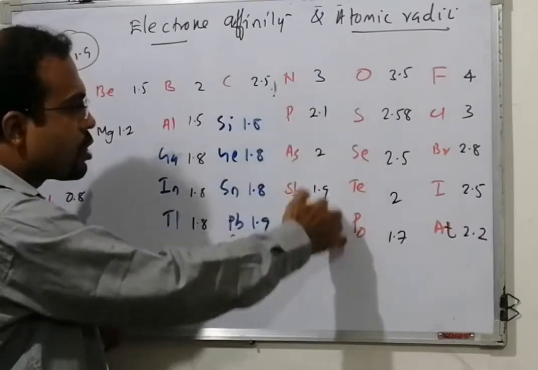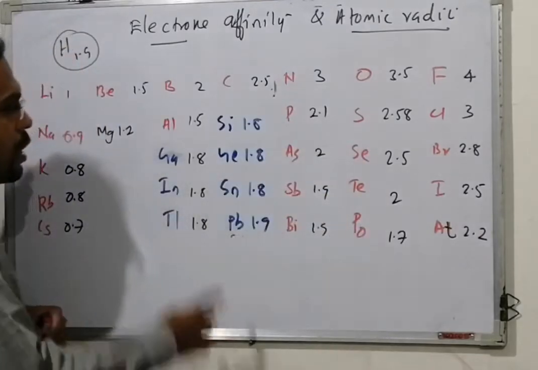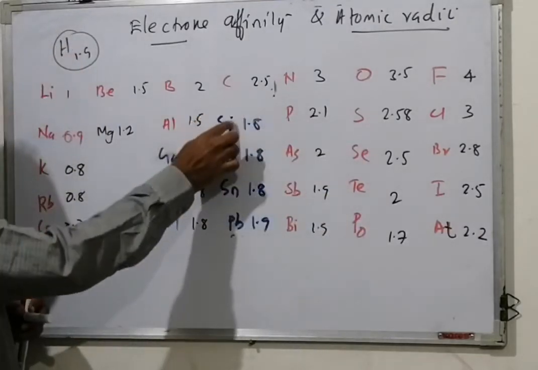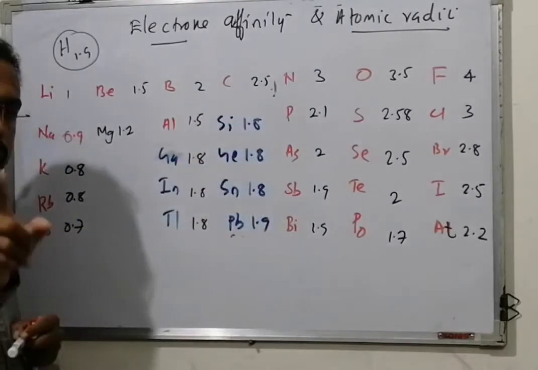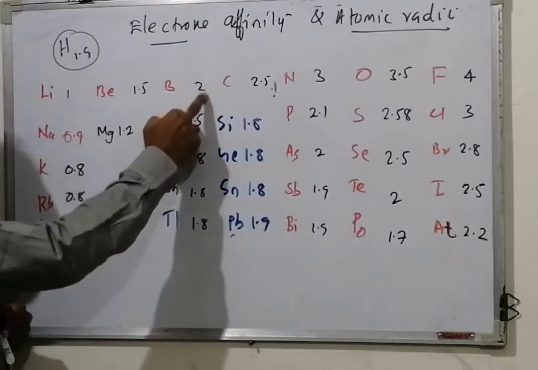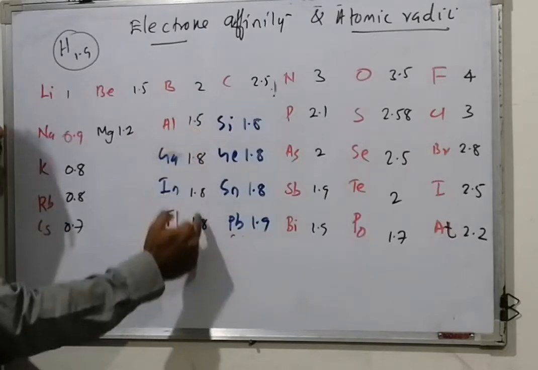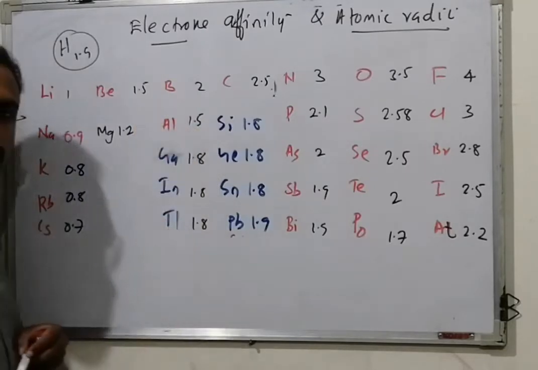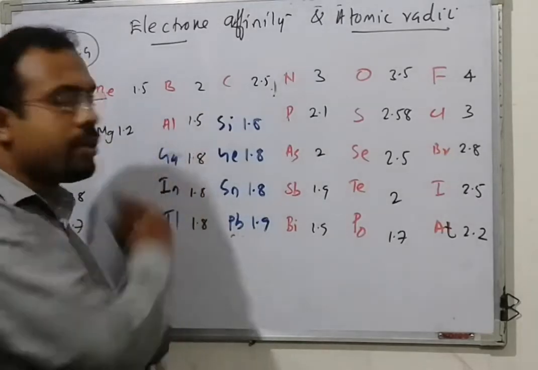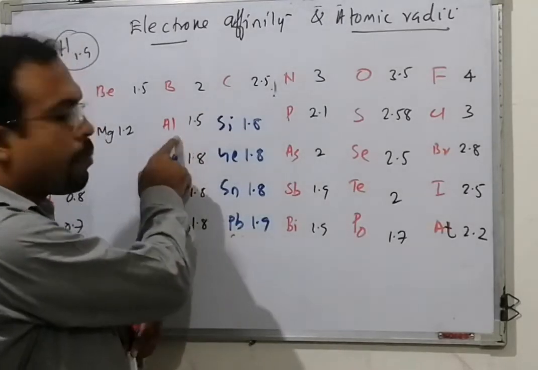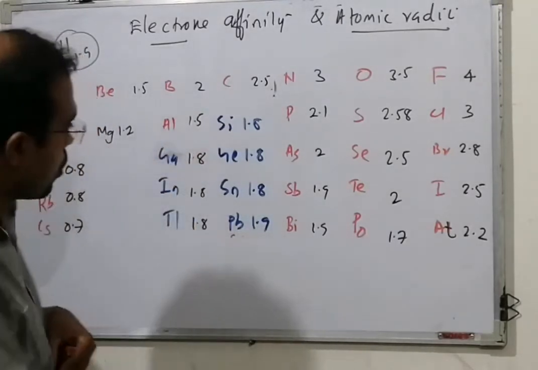Here also something is noticed. Please note here, carbon 2.5, all others are 1.8. Boron 2, aluminum 1.5, but then again it increases. The reason is discussed in the P block elements, group 13.